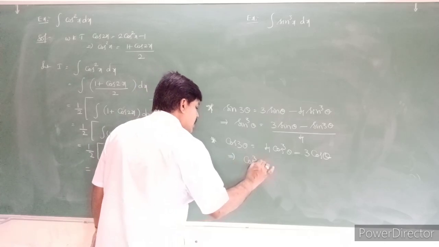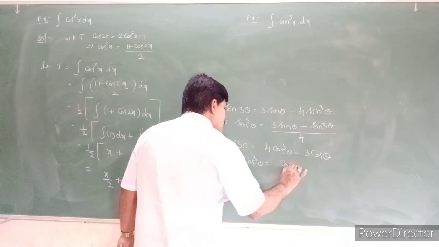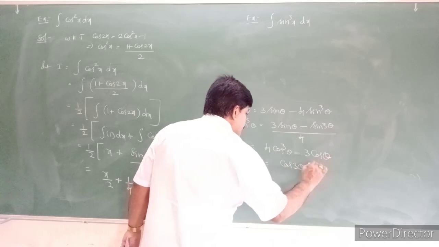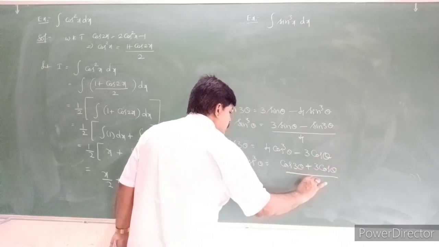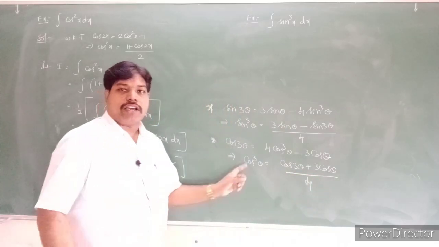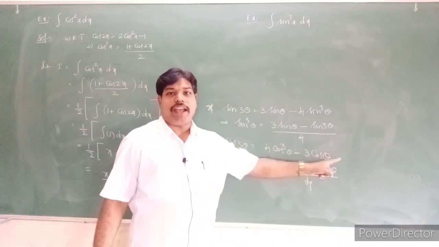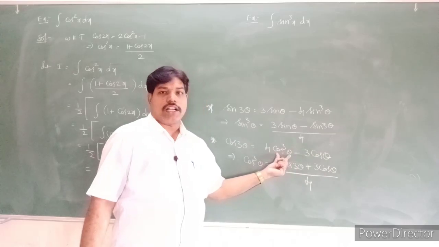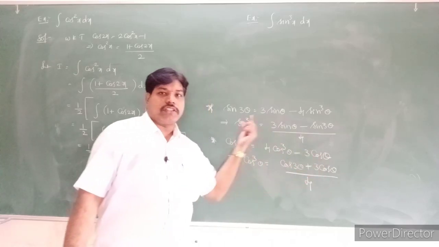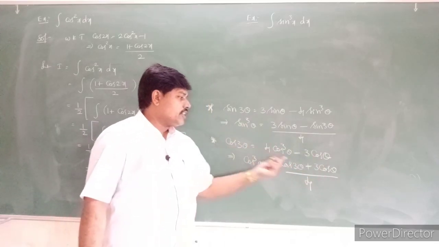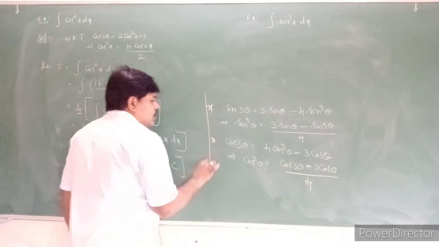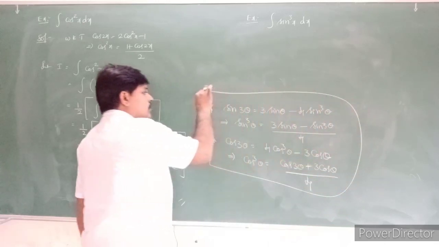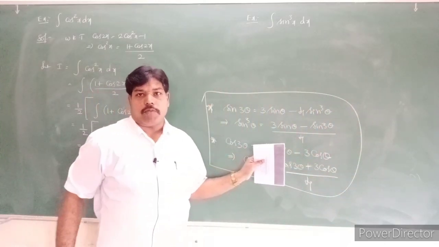Cos cube theta is equal to (cos 3 theta + 3 cos theta)/4. So, note these two formulas also, students.